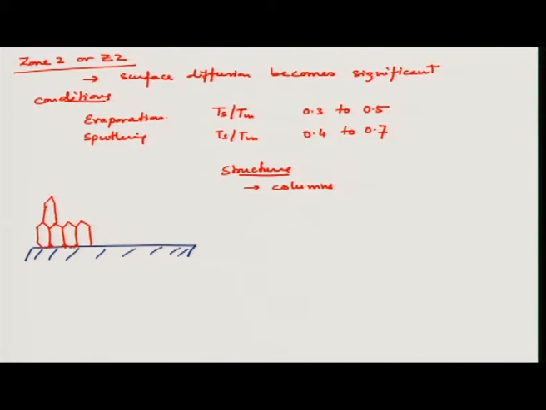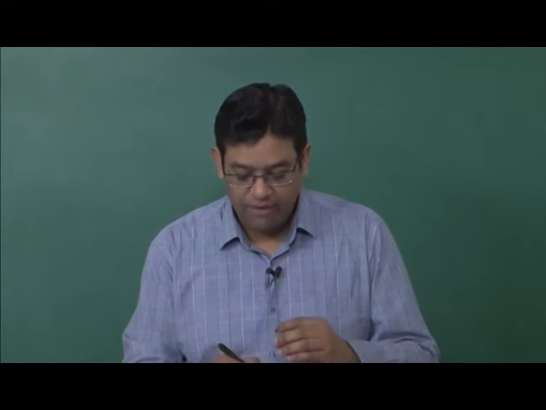Again, it is because during the deposition there is still the shadowing effect. So, the thin film grows in columns, but since the substrate temperature is high enough, some of the atoms start to diffuse on the surface and fill the voids.